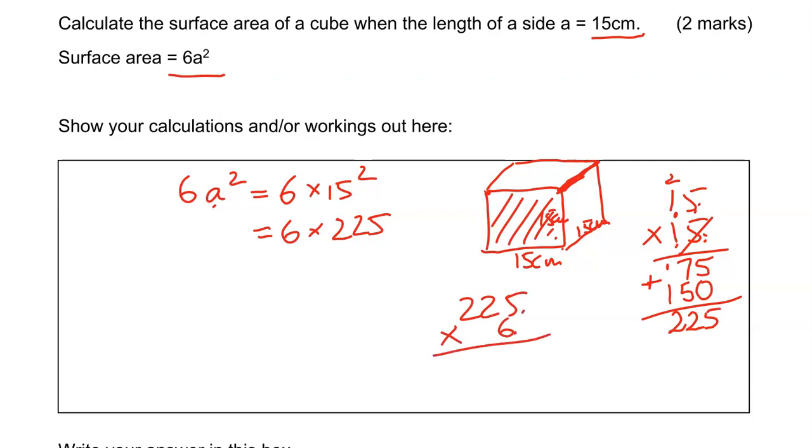6 times 5, that is 30, so 0 down and 3 carried over, 6 times 2, that is 12, and a 3, that is 15. So 5 down and 1 is carried over. 6 times 2 again is 12, and the 1 is 13.